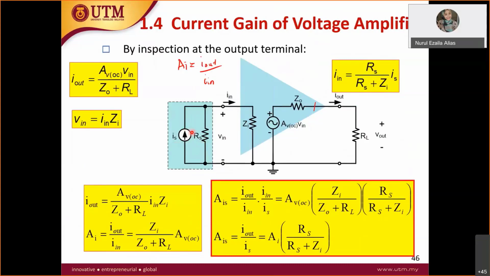Then if you apply the current divider rule, you will get that I in is equal to Rs over Rs plus Z in times Is.